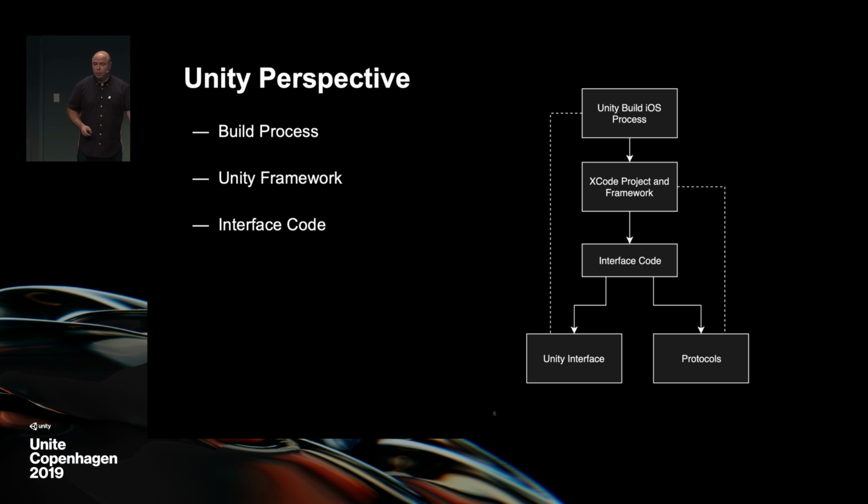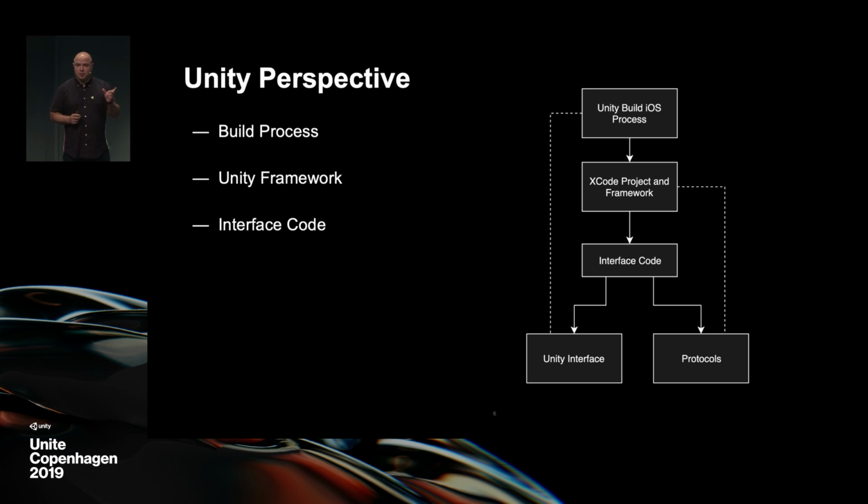Moving forward, from the Unity perspective, it's important to note that there are a few differences now. When you start an iOS project using Unity, you make the build, you generate an Xcode project, and now what is different, if you open your project, you are going to see Unity framework.